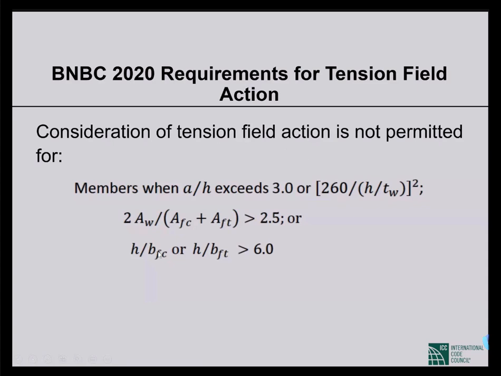Similarly, there are some other ratios like web height versus flange width, etc. So if all these ratios are satisfied, then we can consider tension field action in calculating the capacity.